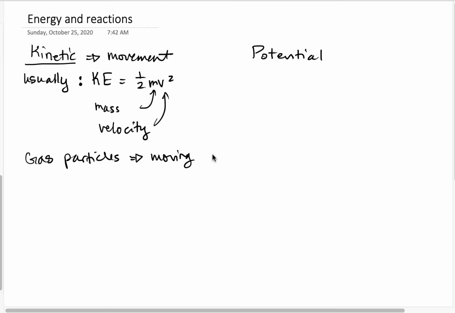Anytime they happen to be in a container, they can move anywhere in that container. If we think about liquid particles, we shouldn't be too surprised that liquid particles are moving around as well. We can see that in the sloshing of a liquid inside the container, but of course, this is still a condensed phase, and so those particles can't go anywhere in the container because they stick to each other.